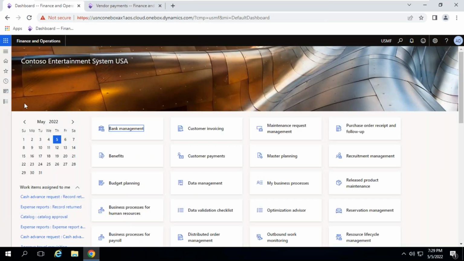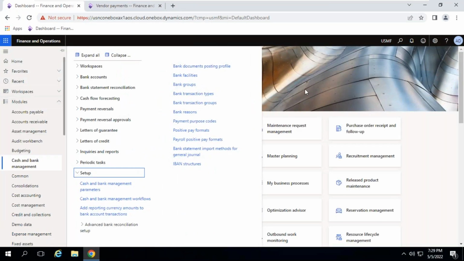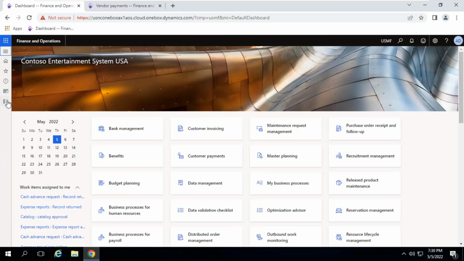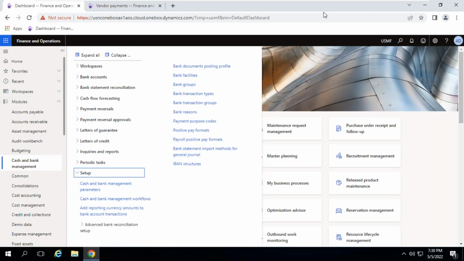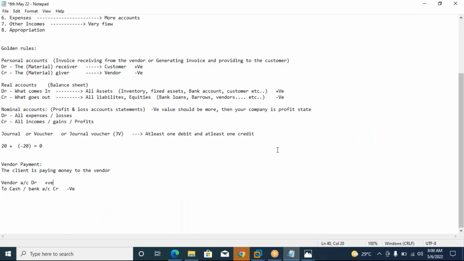It was configured in the setup, so it comes automatically. The bank transaction type information and check types I will discuss in detail in future sessions. I have only shown where they are; the explanation will come later.